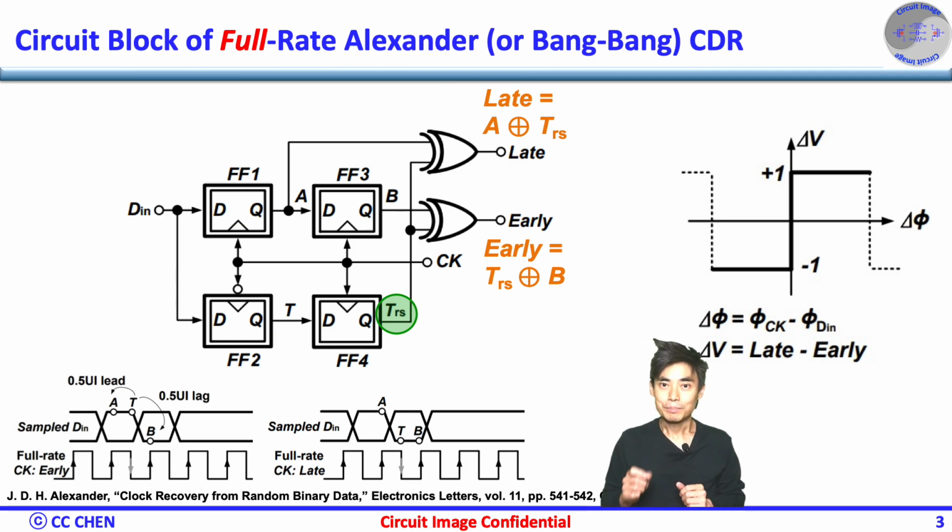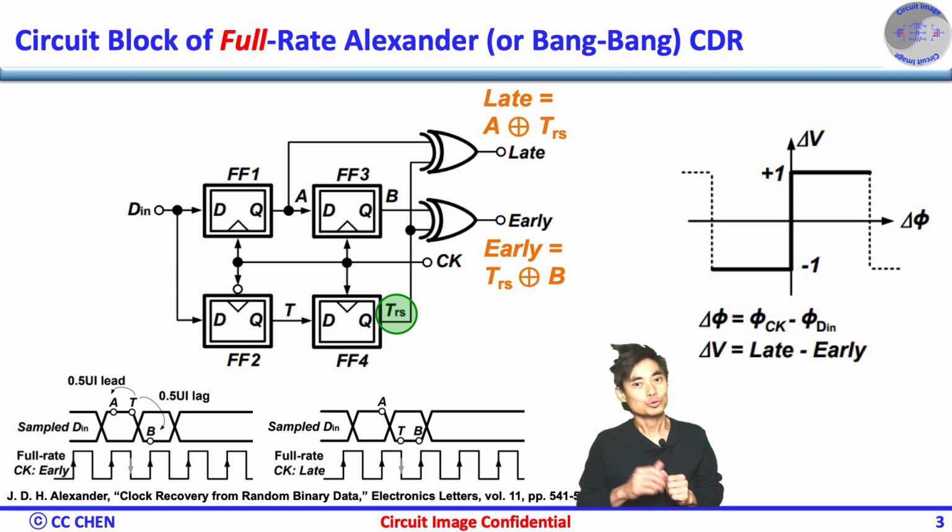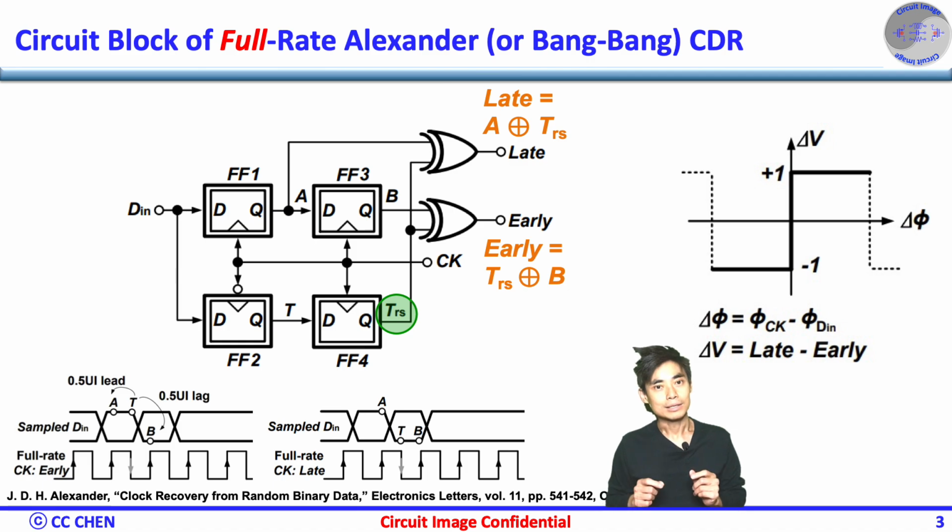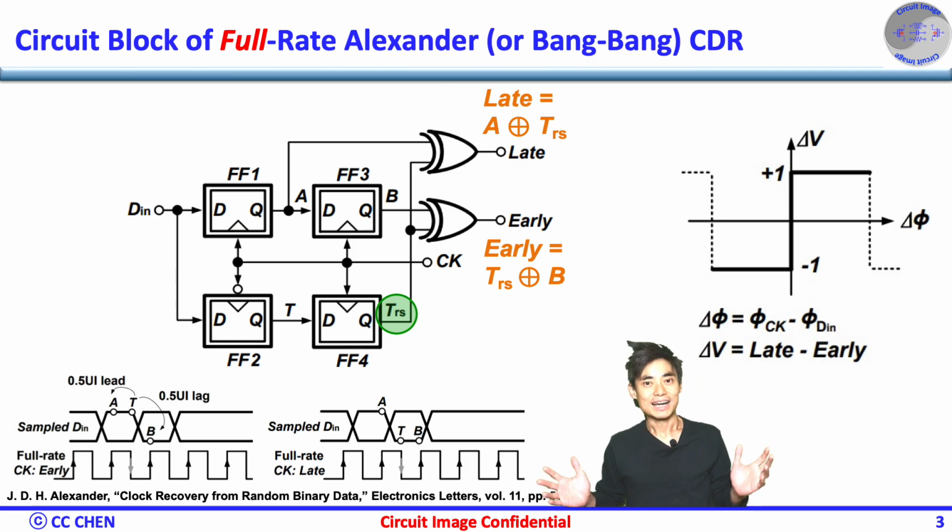For negative feedback to correct the phase error, we will apply the late minus early to be the output voltage to drive the VCO's phase adjustment, such that the up or +1 signal would drive the VCO faster if the clock phase is later than the input data, and vice versa.